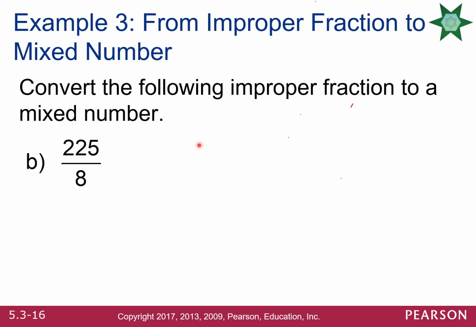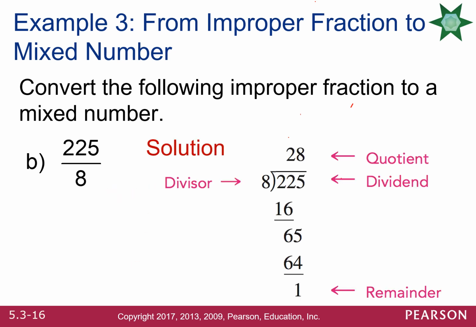Another example here to convert an improper fraction to a mixed number. We have a 3-digit numerator here, which is a larger number. But how do we convert it to a mixed number? Again, we start with the process of division. So let's look at the solution. They have 225, and they're dividing that by the denominator, which is the divisor.